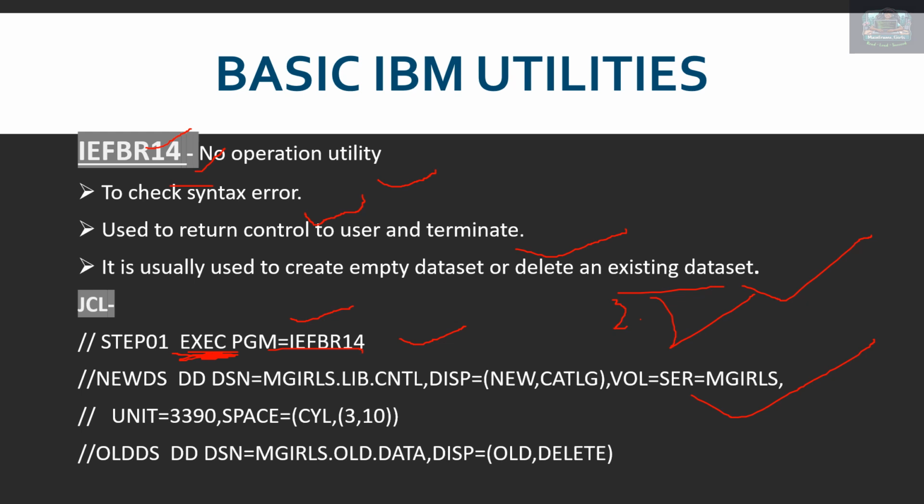So in the DD statement, I'm saying this dataset will be created with new disposition in this volume with this much space. Okay, so this is getting created and this is getting deleted. That's it. This can be done from the 3.2 panel also, but for learning mainframe and learning JCL, it's the first step to be taken with IEFPR14.